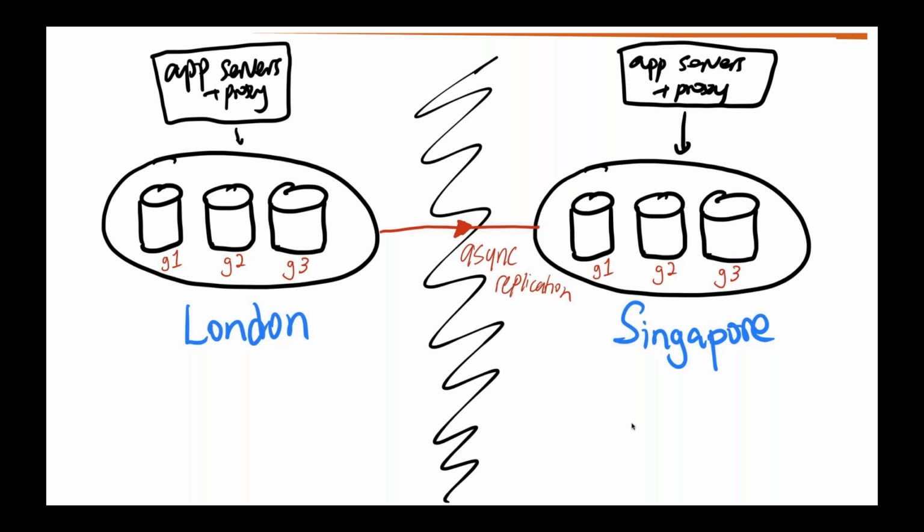Typically, you'd have 3 nodes in London, and then an asynchronous replication operation going to Singapore. Now you can have your app servers and proxies, even in Singapore, read from Singapore and write to London. This is also a possibility. But of course, it's a degraded experience for your Singaporean users.